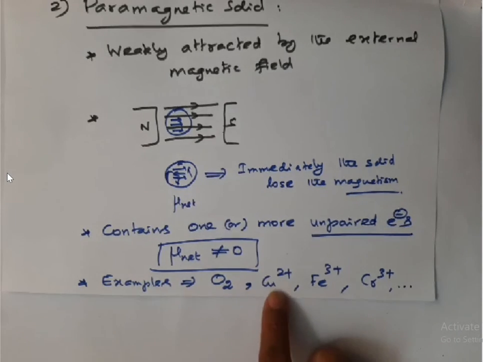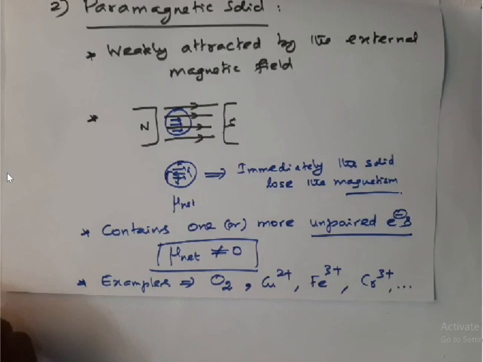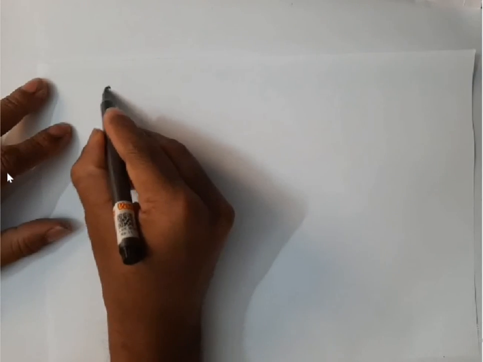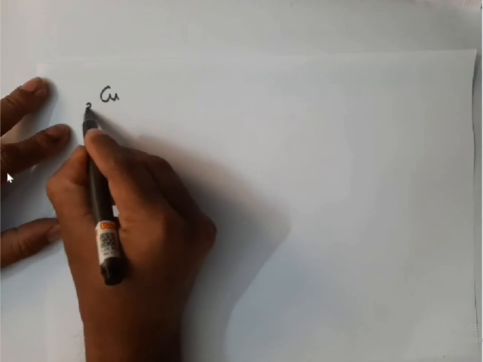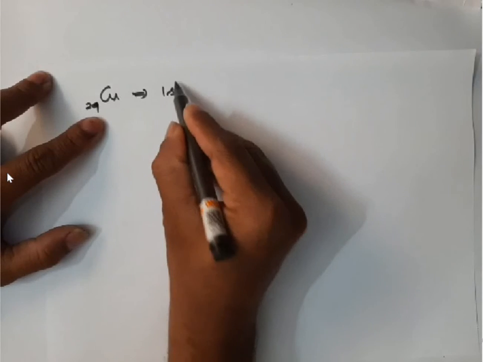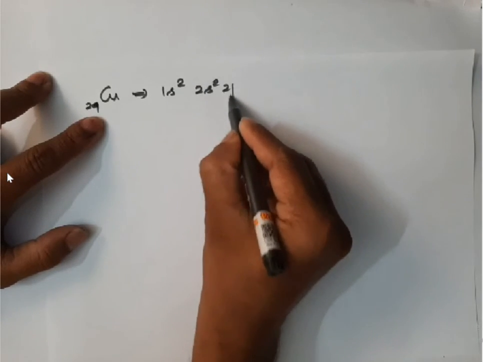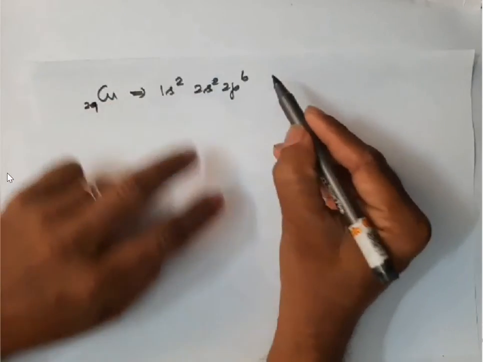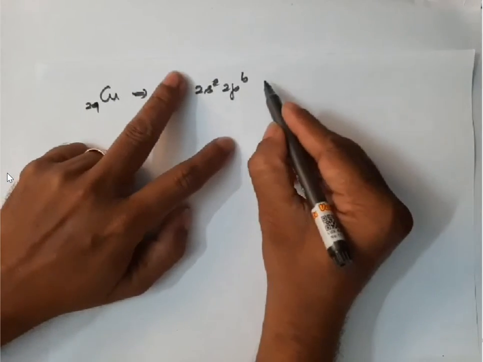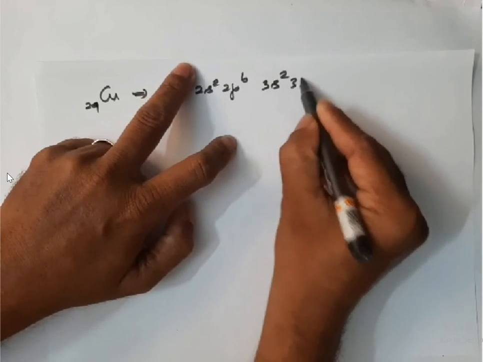Okay, suppose I'll take copper. I'll show you how many unpaired electrons are there. For this, you must know the electronic configuration. Simple. Listen, copper's atomic number is 29. So the electronic configuration, if you see, you'll get 1s2, 2s2, 2p6, then 3s2, 3p6.